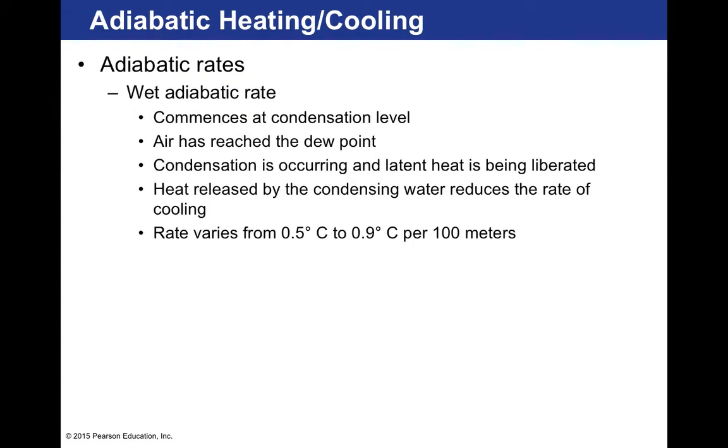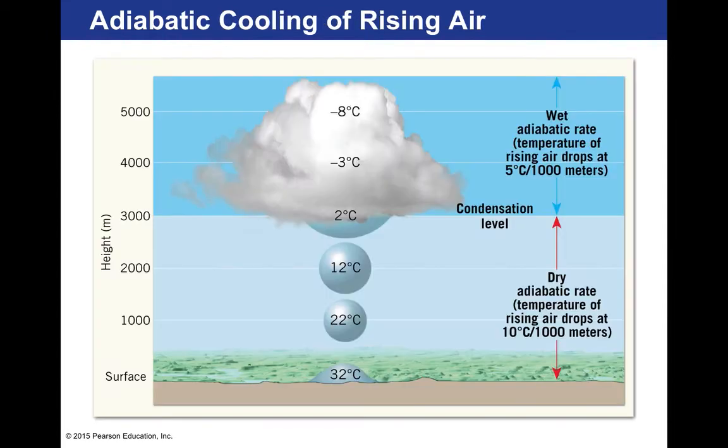The wet adiabatic rate commences at the condensation level, when air has reached the dew point. Condensation is occurring and latent heat is being liberated when the wet adiabatic rate takes over. Heat released by the condensing water reduces the rate of cooling. The rates vary from 0.5 to 0.9 degrees Celsius per 100 meters. So the rate's a little less for the wet adiabatic rate versus the dry adiabatic rate.